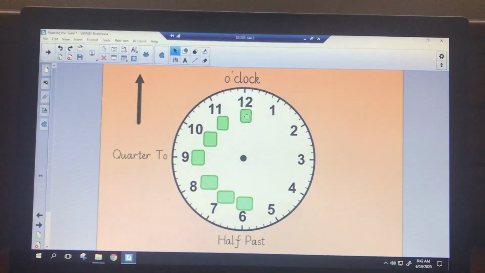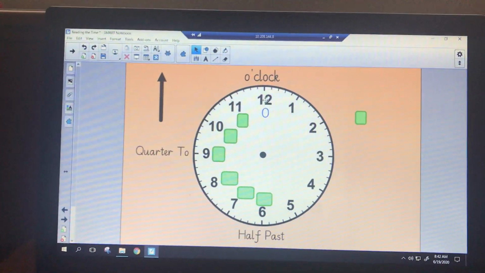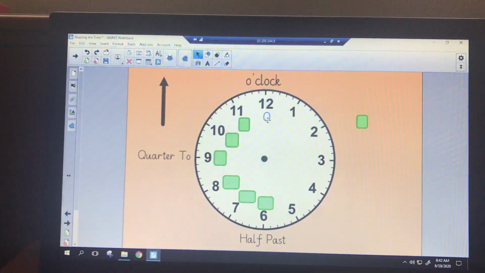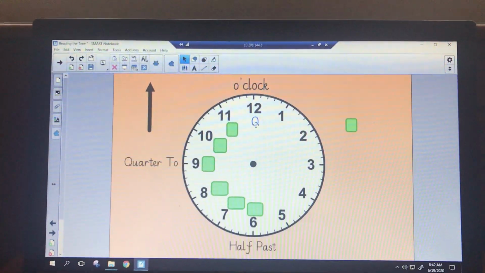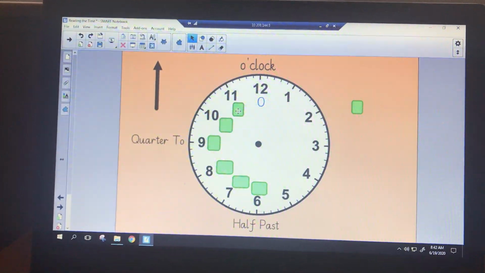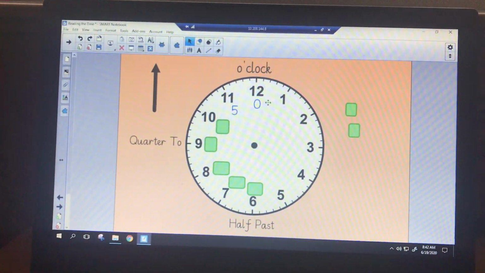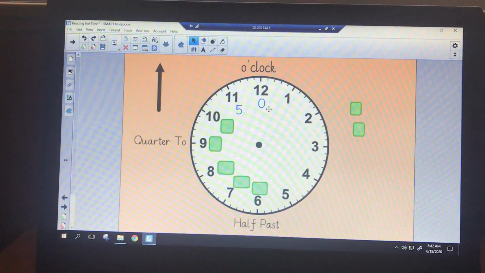Once again, the 12 shows us there is 0 minutes to go until the next hour because we are there already, we are at o'clock. And we now work with our 5 times table again, but this time we are going round to the left-hand side.